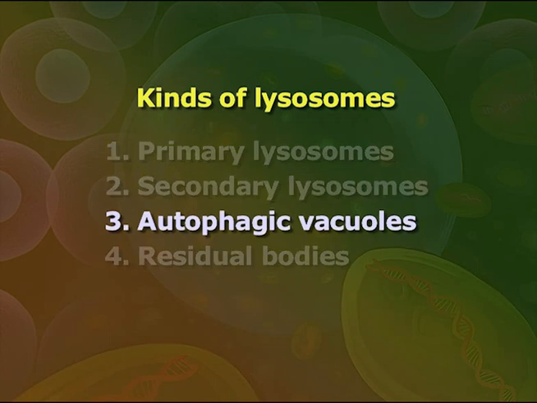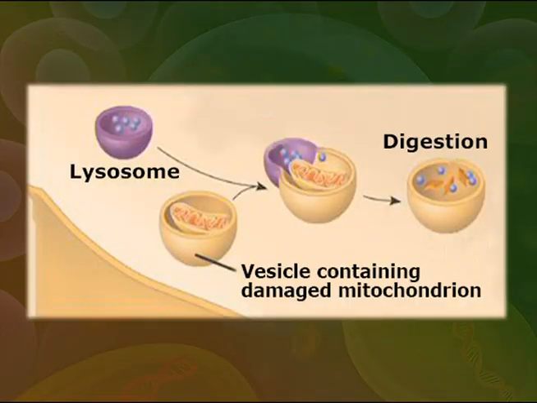Autophagic vacuoles. Lysosomes are involved not only in the process of digesting extracellular material, known as heterophagy, but also in the digestion of intracellular substances, an activity known as autophagy.